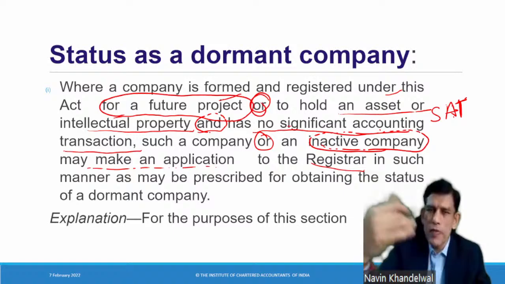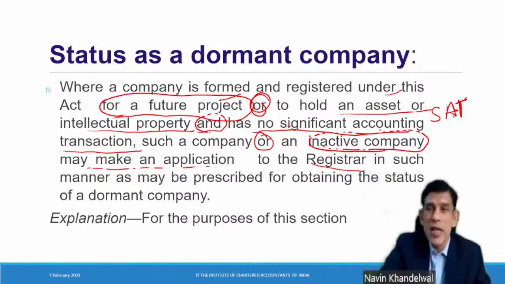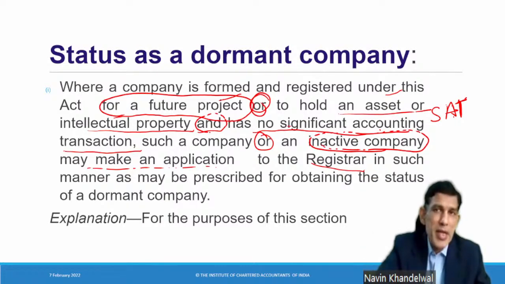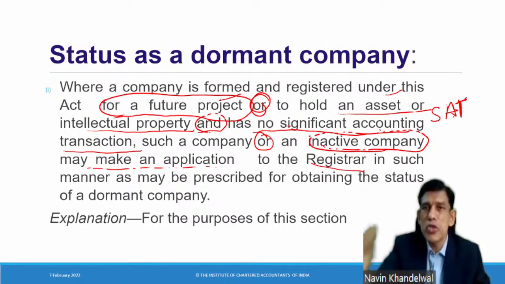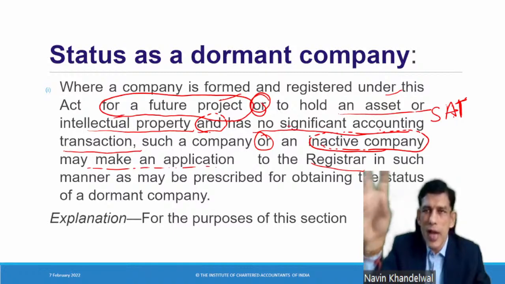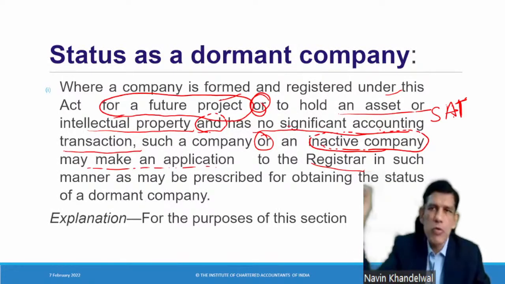Government has come out with a lot of schemes, and you believe that yes, after 3 years, probably I will be eligible for that particular government tender. But that government tender might have certain conditions, that the company should have been formed 3 years back, should have a minimum 3 years of experience, or whatever the criteria. So that means you are forming the company for a future project.